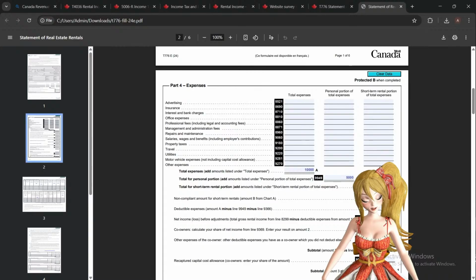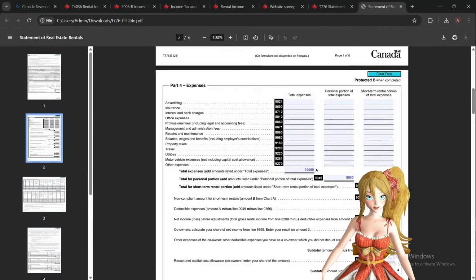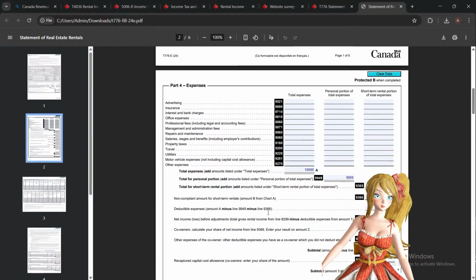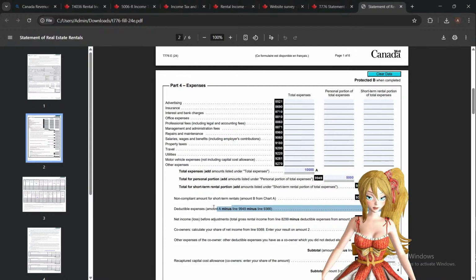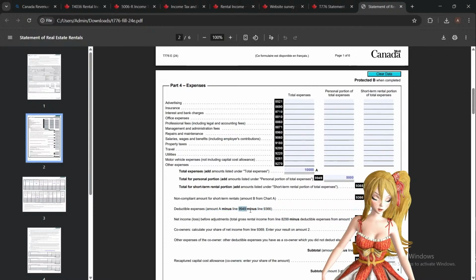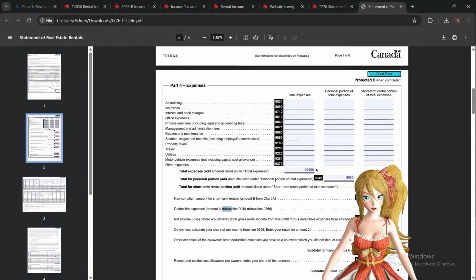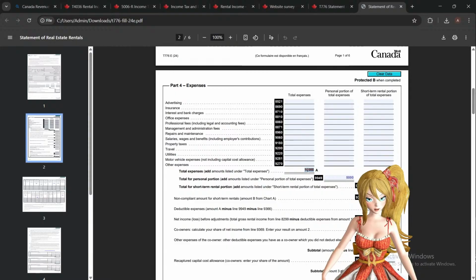Now, what's the problem here? Why is line A a double negative? Okay, that makes sense. So we minus, oh no. This doesn't make sense at all.